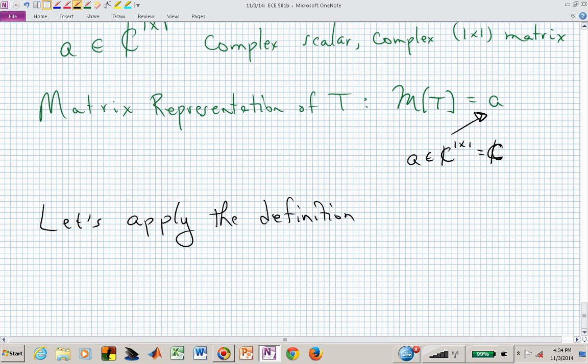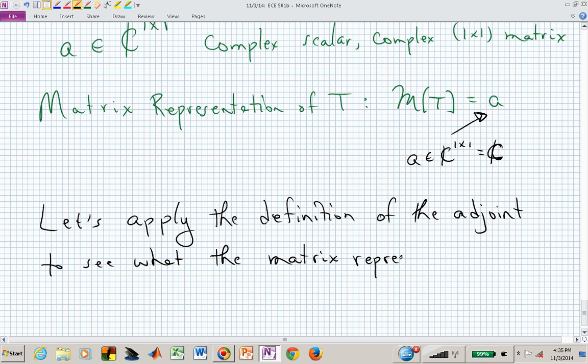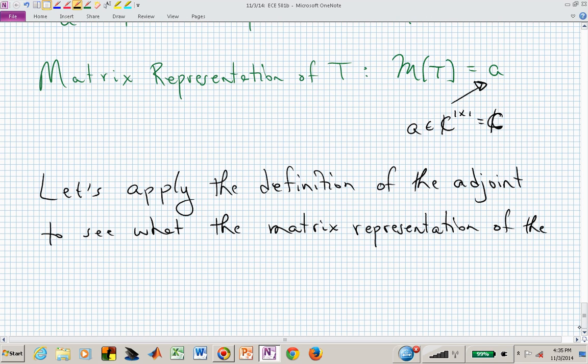Let's apply the definition of the adjoint to see what the matrix representation of the adjoint of this 1 by 1 matrix looks like.